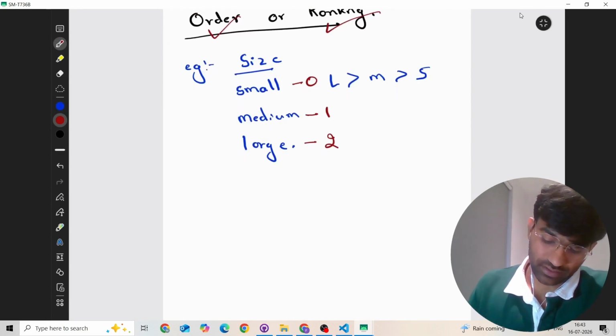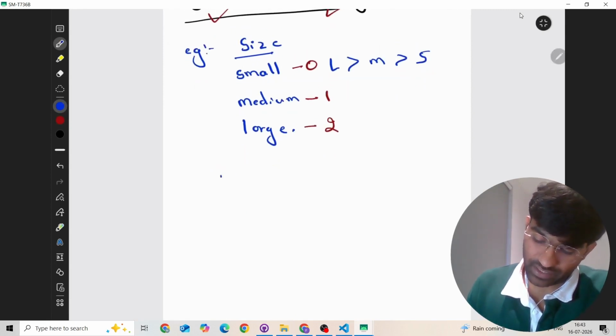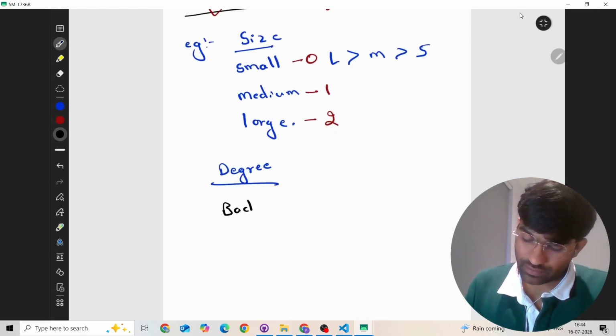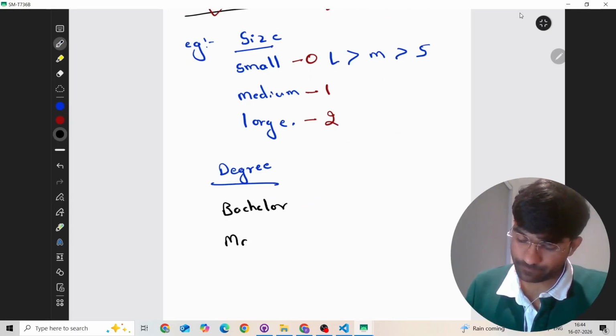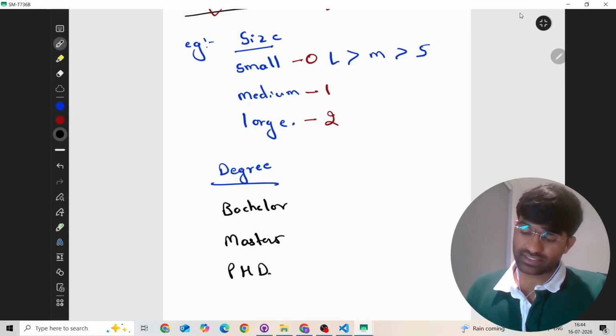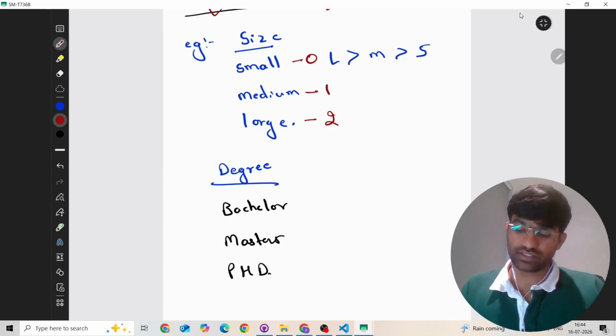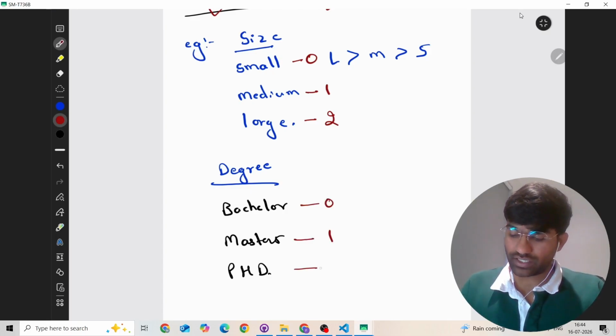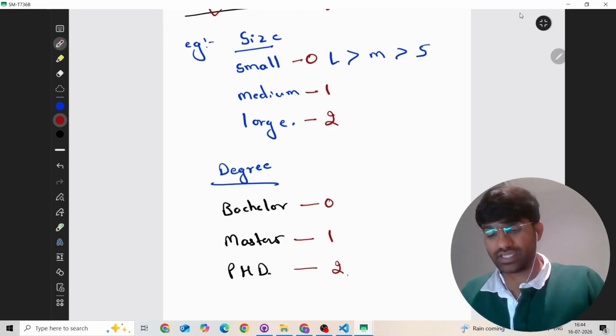We will take another example like degree: bachelor's, master's, PhD. So this has order. So we can convert bachelor to 0, master's to 1 and PhD to 2. This is label and ordinal encoding.